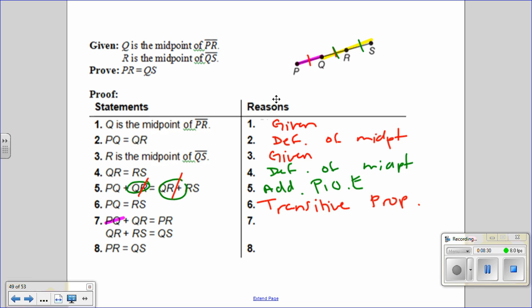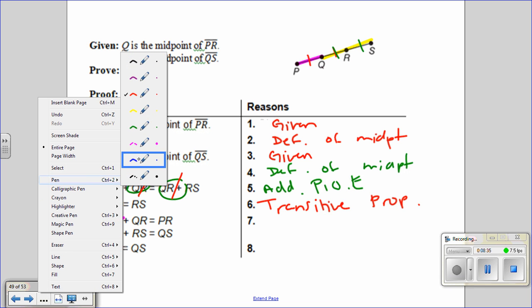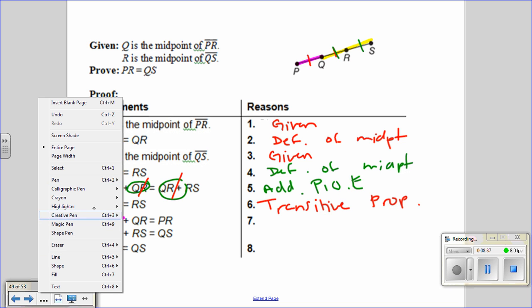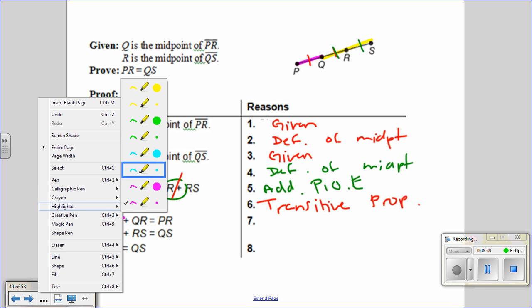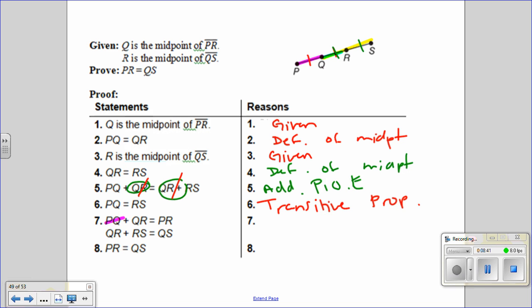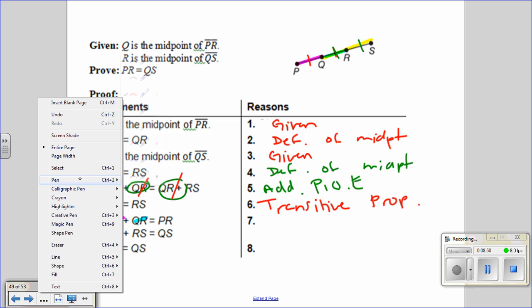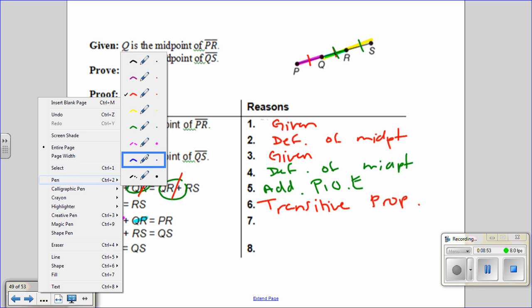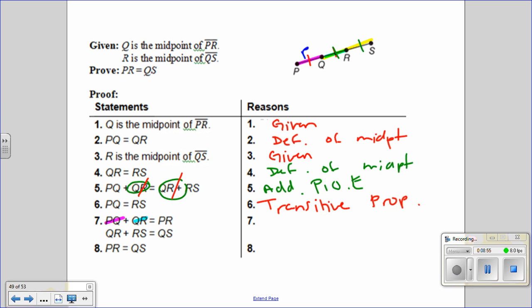PQ plus QR equals PR. So that is an example of part plus part equals whole. So that's your segment addition postulate.